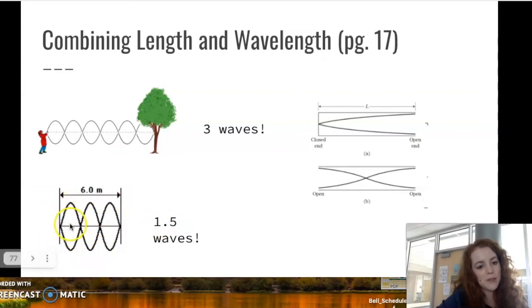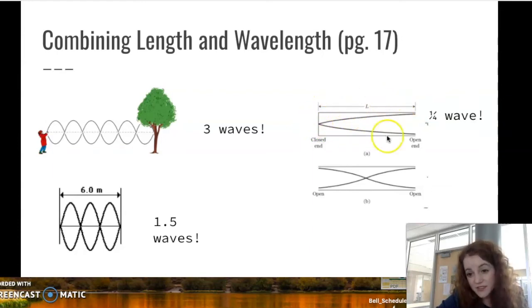Or if you count bubbles, 1, 2, 3 divided by 2, 1.5. This one is not quite a half, so it's a quarter, 0.25. This one is from crest to trough, which is half of a wave.